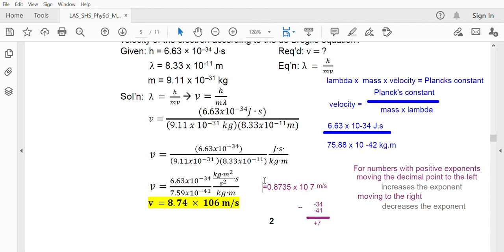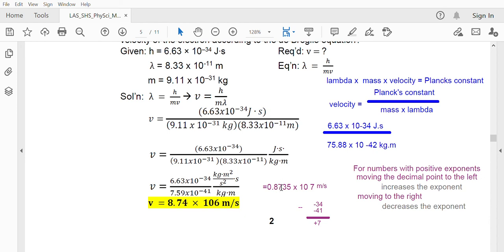But this value is different from the answer in your module. Even though it looks different, the value is the same. So we need to move the decimal point again. The decimal point here, 0.8, we will move the decimal point in between 8 and 7.